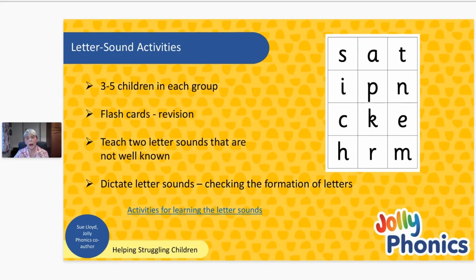But you find out where it starts to go wrong with them and start teaching there. And then concentrate on the next two letter sounds, always the next two letter sounds, and helping them to take that on board. Dictation helps you enormously with this. As you dictate it, you can see how well they are doing, and you can watch and see if they're copying or not. So very powerful.